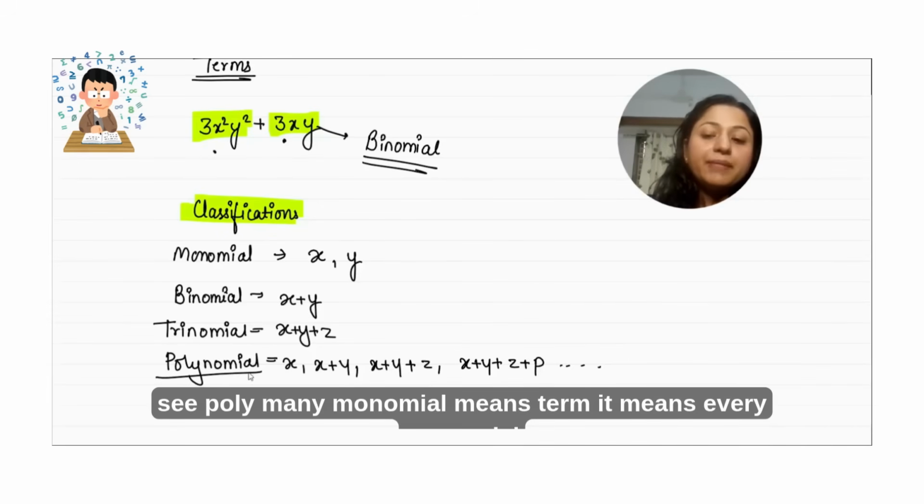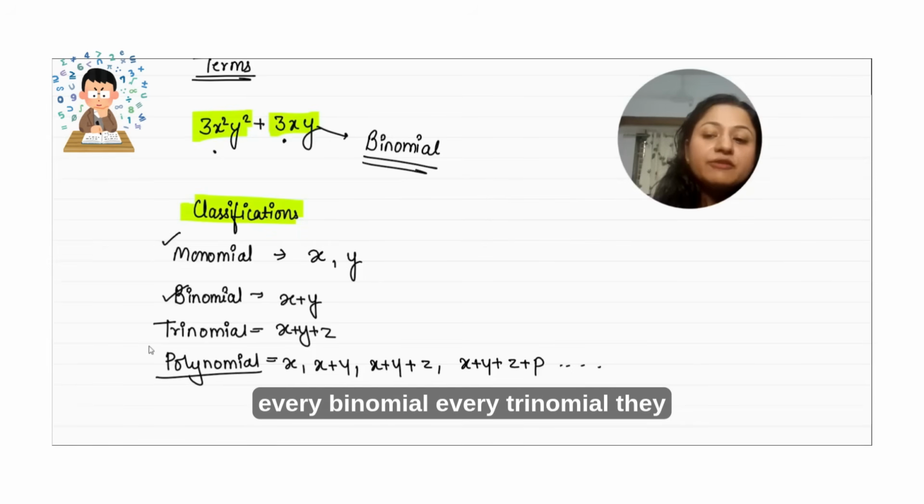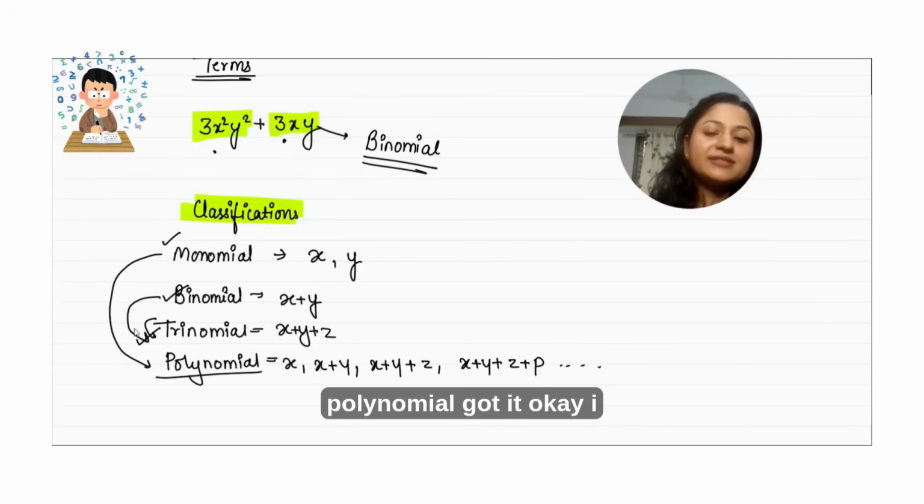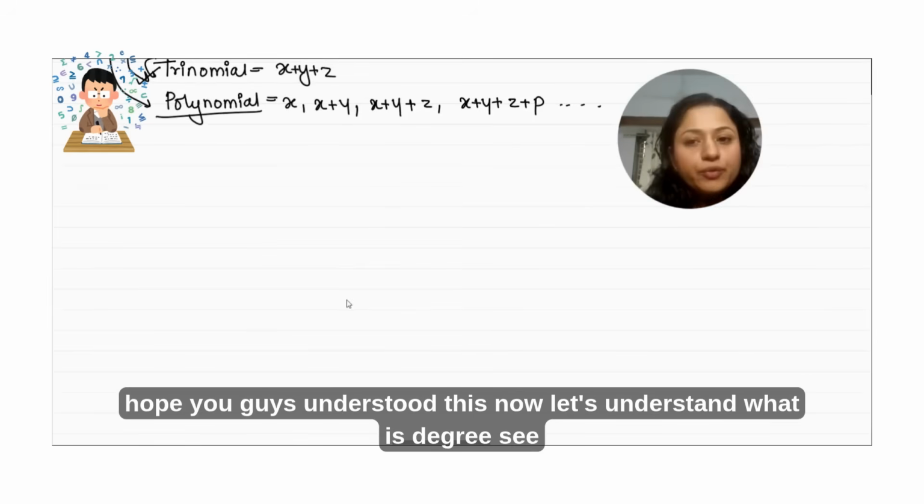See, poly means many, nomial means term. It means every monomial, every binomial, every trinomial, they all come under polynomial. Got it? Okay. I hope you guys understood this.